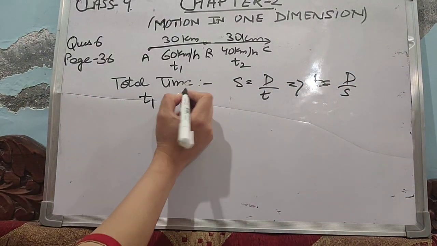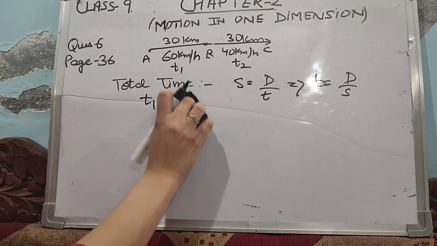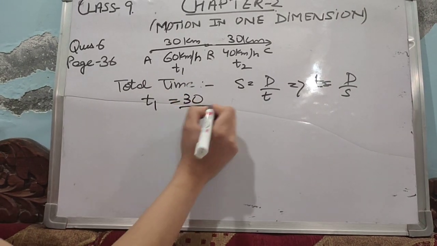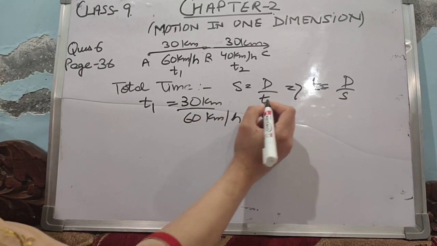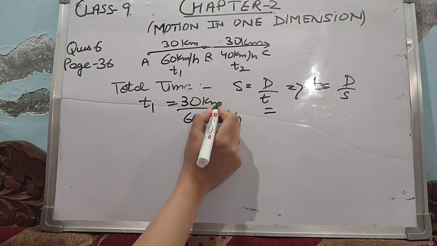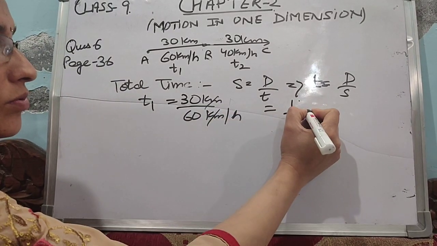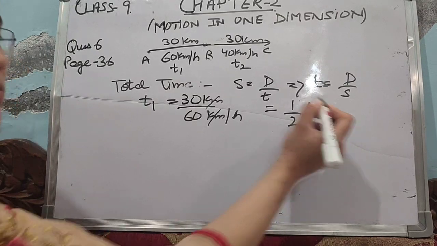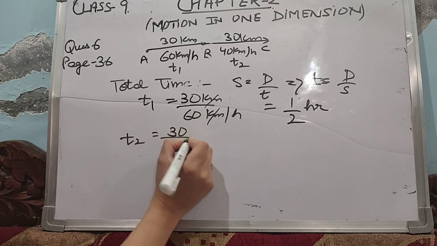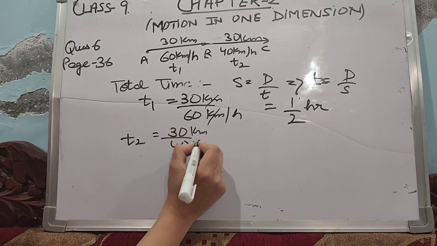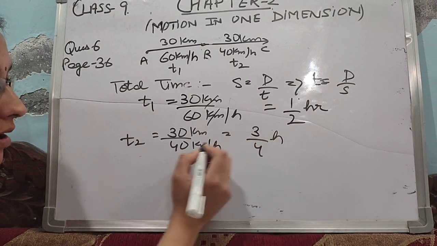The distance is 30 and the speed is 60 km per hour. The kilometers cancel and it comes out to be 1 upon 2 hour. Then T2 is again 30 upon 40, that is equal to 3 upon 4 hour.